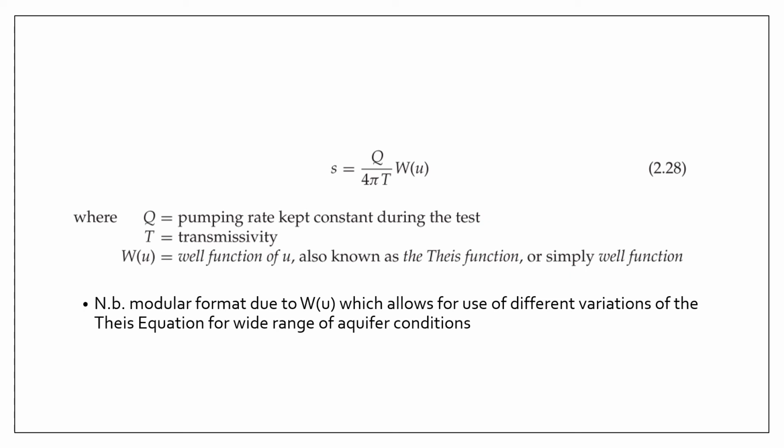Now, this is the basic form of the Thiess equation. As you can see here, S is drawdown. Q is the pumping rate of your aquifer, which is kept constant during the testing. T is transmissivity, and then W(u) is the well function.